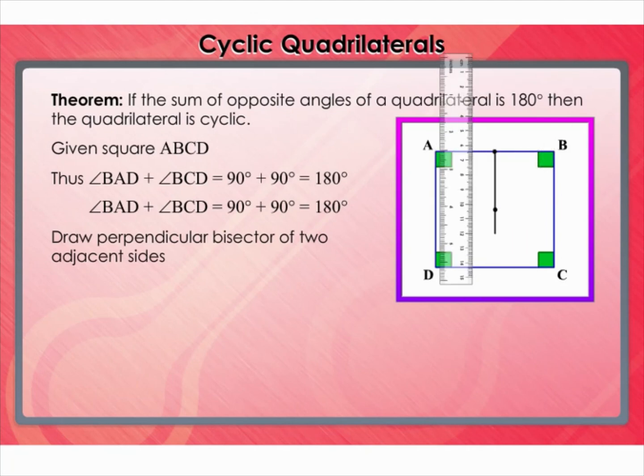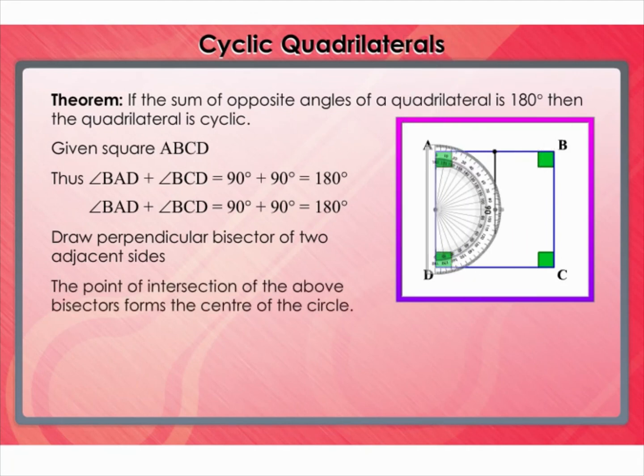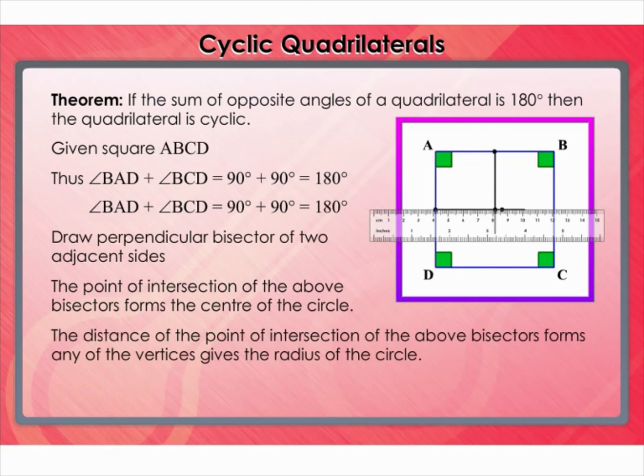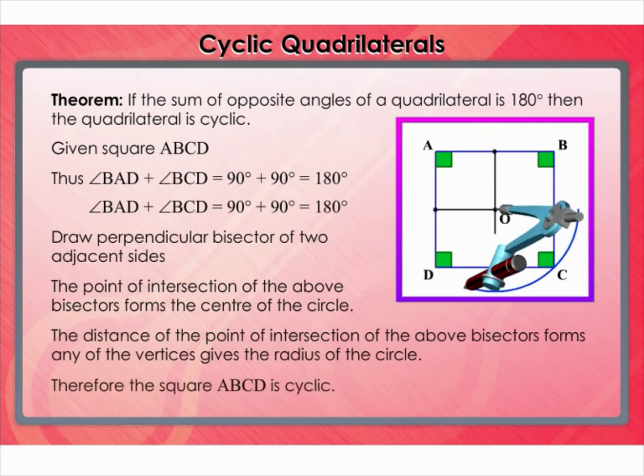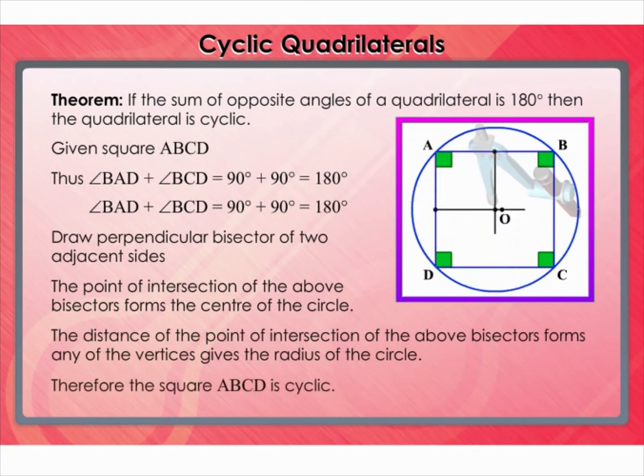If you draw the perpendicular bisectors of sides AB and AD, we find they intersect at the point O. If we draw a circle with center O and radius equal to OA, we find the circle contains all the vertices of the given quadrilateral. Through simple construction, you can also illustrate the quadrilateral is cyclic if the sum of at least one pair of opposite angles is equal to 180 degrees.